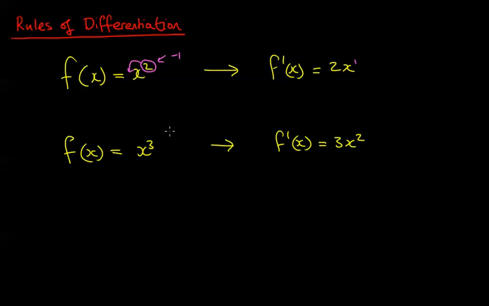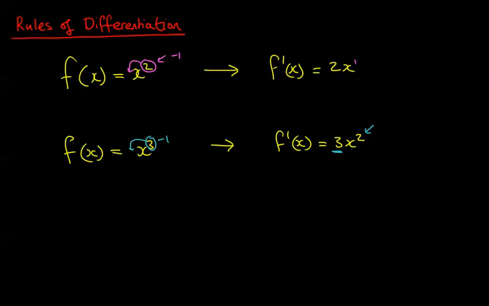And the same thing here. If you look at the original function itself, the derivative function comes from taking the power, which is 3, putting it to the front, so there's the 3 now, and then taking 1 off the power, and 3 take away 1 is 2, so it becomes 3x squared.